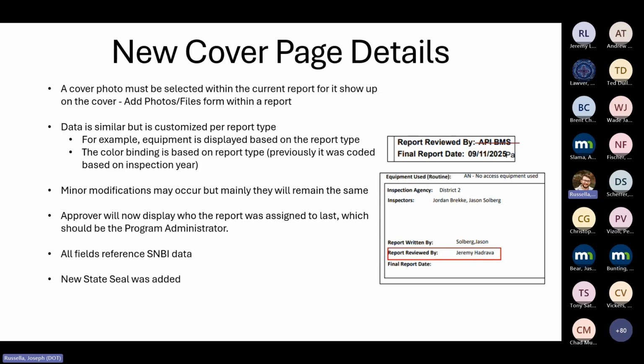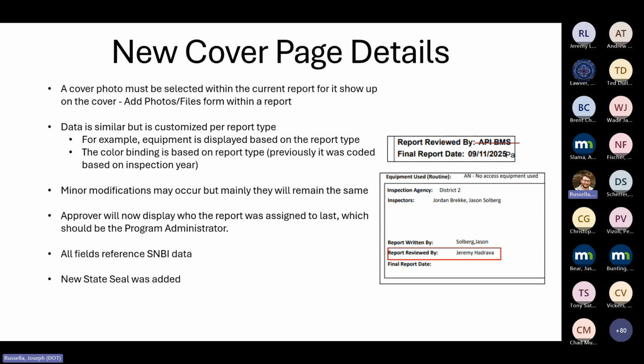One problem that we had was the report reviewed by field was displaying this BMS API. Now that's our account that is doing the validation stages. And so when we actually approve the report, SIMS thinks that that user reviewed it. And so the field that was previously used there is what we call the metadata of the report.